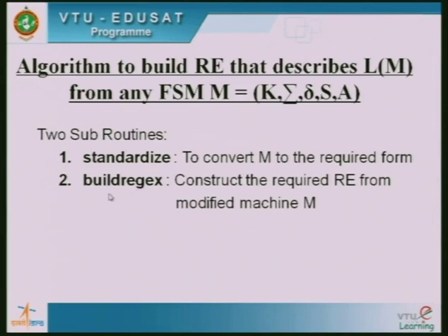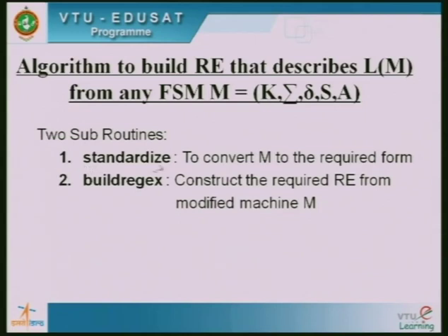The second one is build regular expression. Build REGEX means build regular expression. Here we will be constructing the required regular expression from the modified machine. These two subroutines are used to find the regular expression from any FSM.